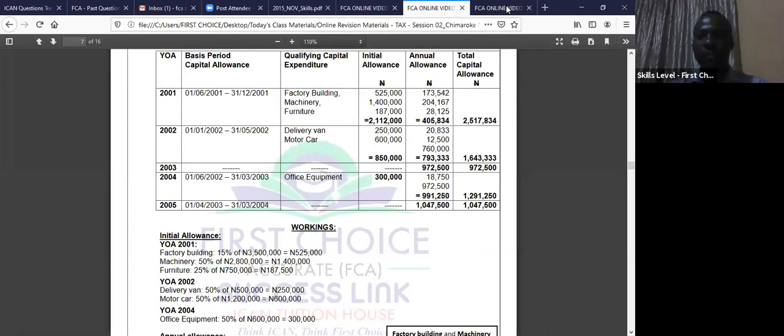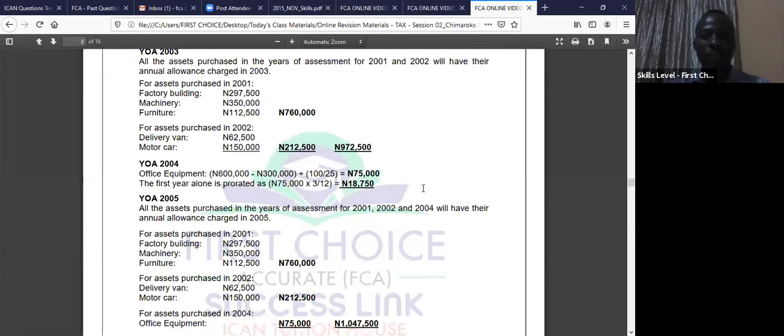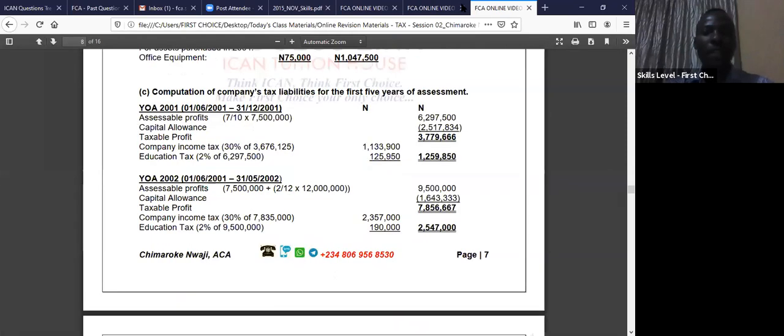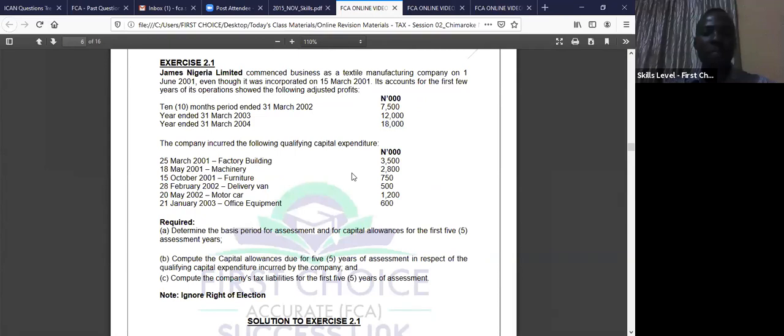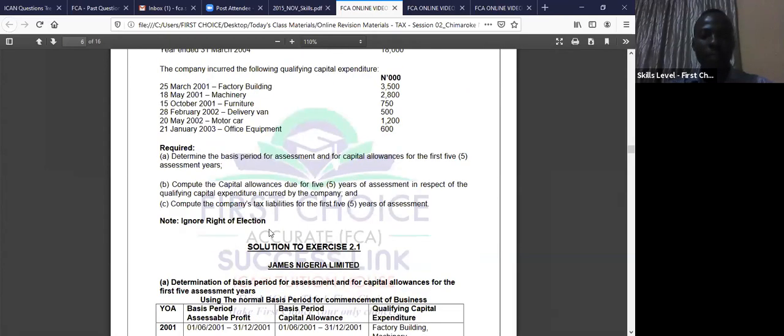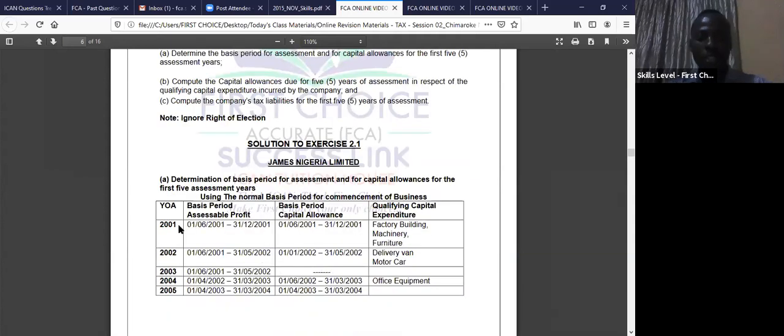Fine. So let's get to the third part of the question. Now, assessable profits. If we remember our assessable profit table, our assessable profit for the year is this figure we are using, this period we are using, June 1 to 31st December of that year.